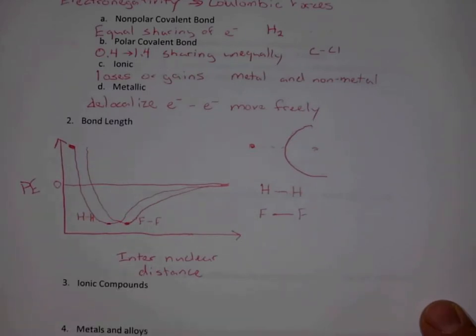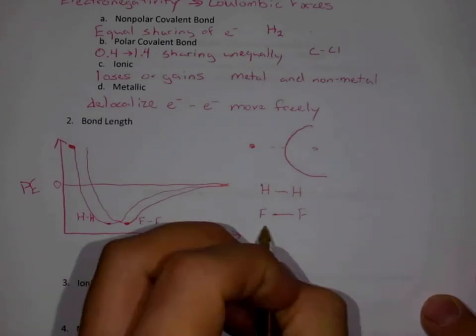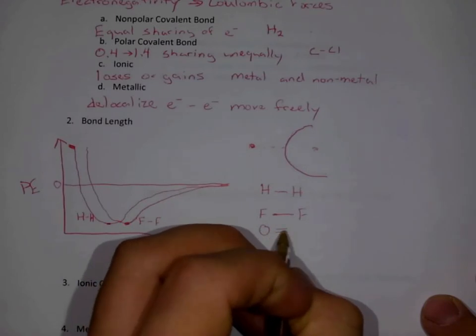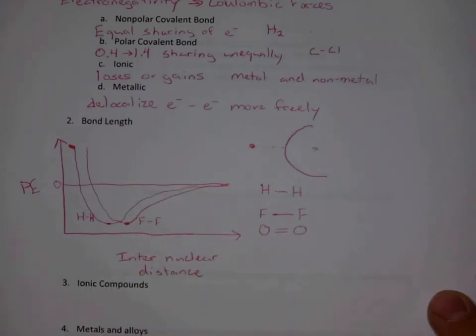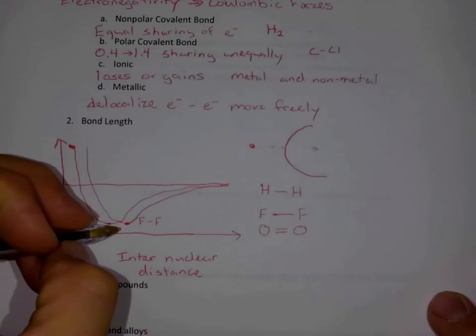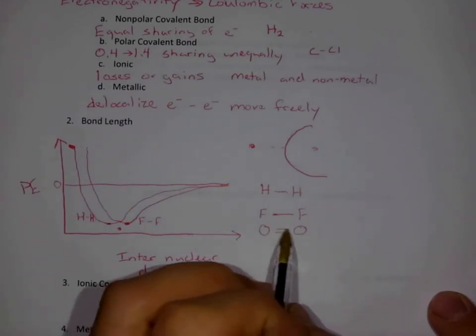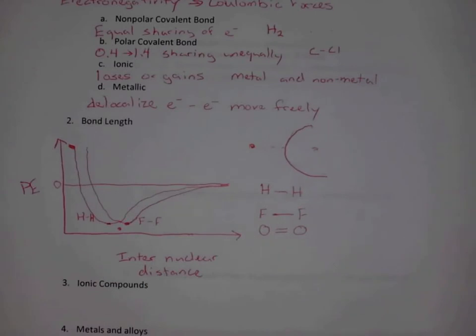But as I also said, it depends on the bond order. If we compare a fluorine bond to an oxygen bond, oxygen is O2 and it has a double bond between those two atoms. So what's going to end up happening is the two atoms are going to end up being closer together.